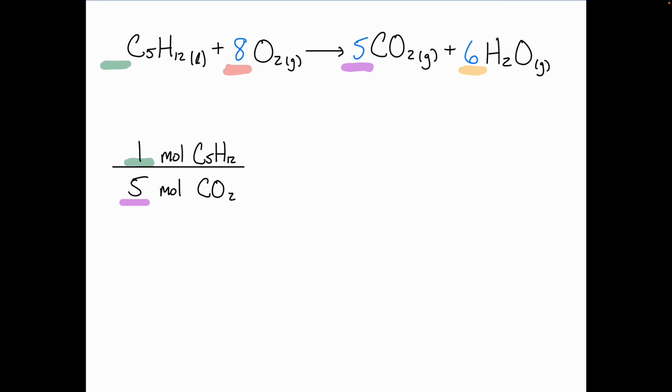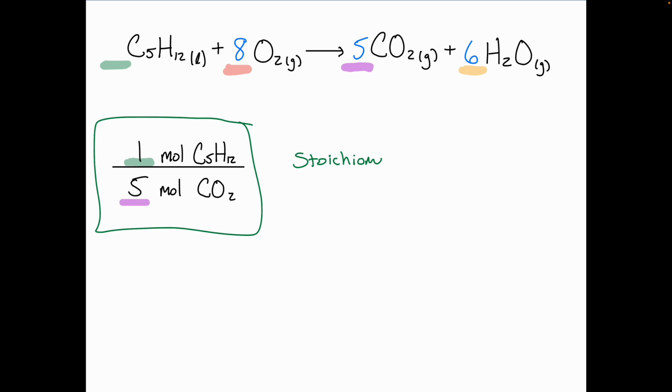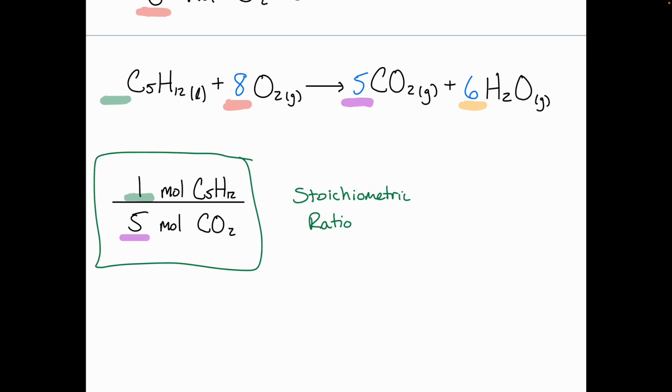Now, hopefully everybody looks at this stoichiometric ratio and says it reminds me of something we've used a bunch in this course thus far. We've got one set of units on top, another set of units on the bottom. This looks a lot like the conversion factors we've been using to convert from, say, inches to centimeters. This is what these stoichiometric ratios are going to do. If I know how much pentane has been consumed, it'll allow me to calculate how much of my products have been produced.